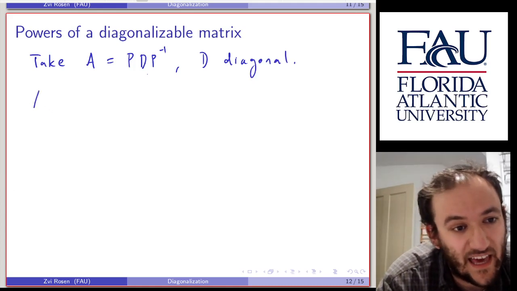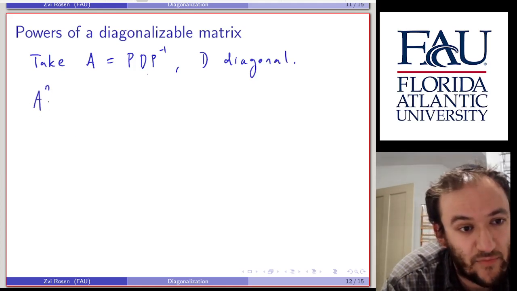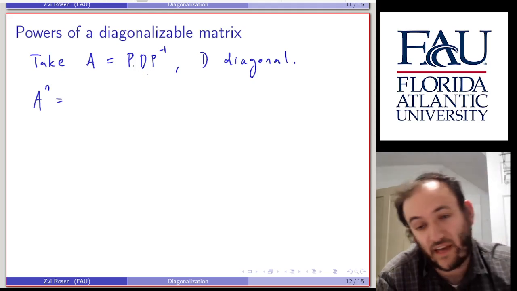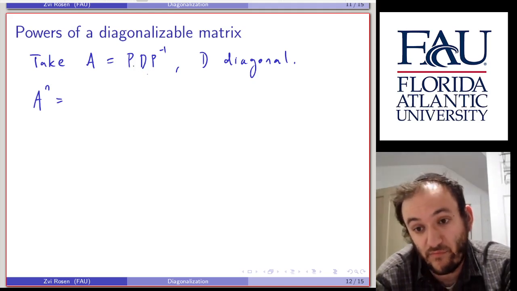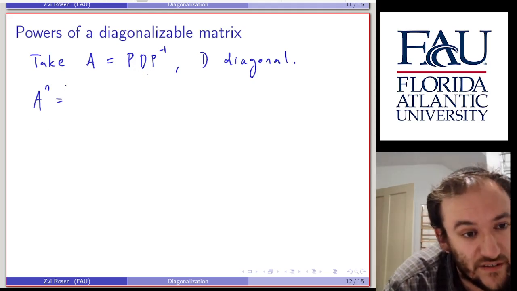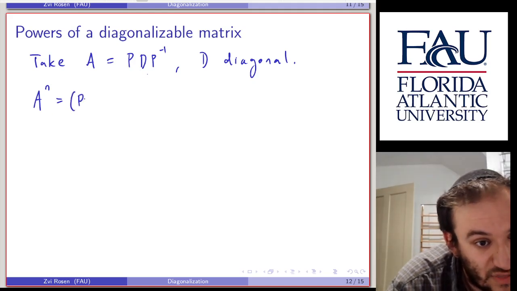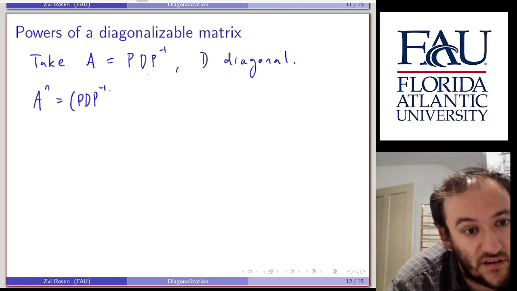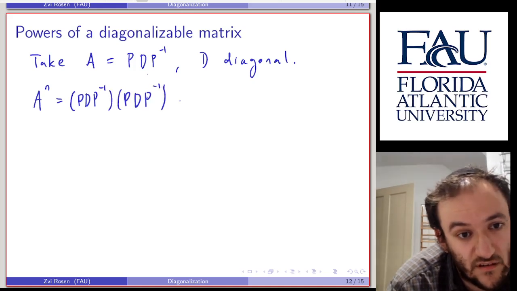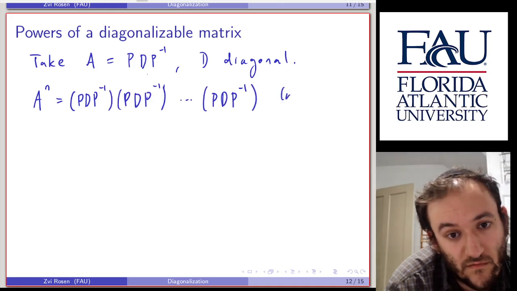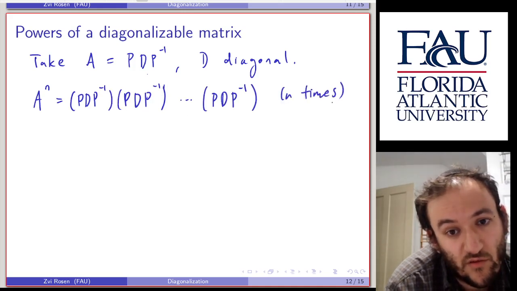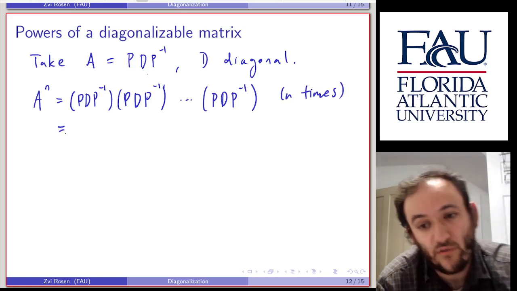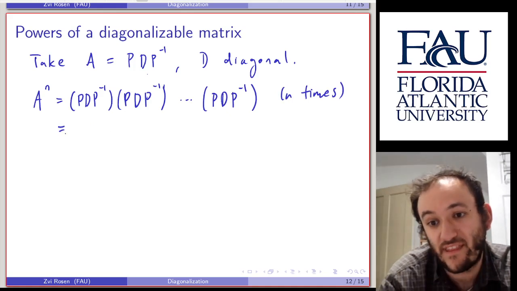Then if I take A to the nth power, I can always just replace A with P D P inverse, repeated n times. But we know about matrix multiplication that it's associative.